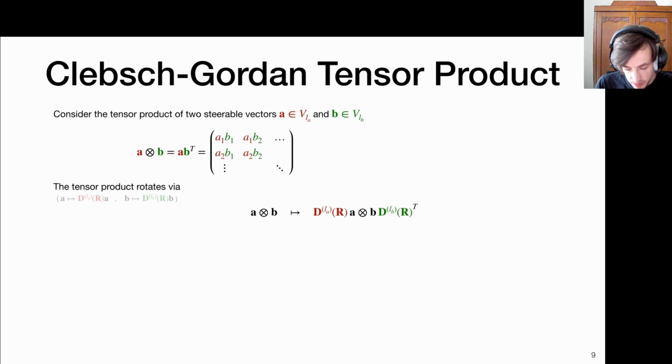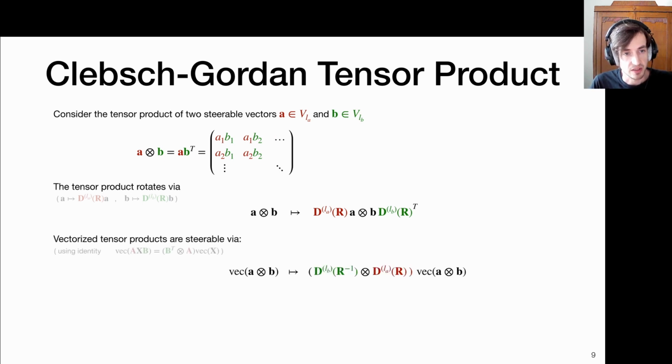Now, when we talked about steerable vector spaces, we talked about vector spaces and not matrices. But we can vectorize this matrix by just flattening it and stacking all these columns on top of each other. So we have this vectorization procedure. And there is this identity which quite often pops up if you study these papers on the Clebsch-Gordan tensor product.